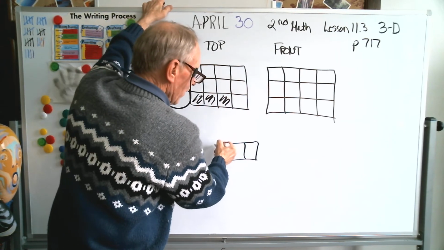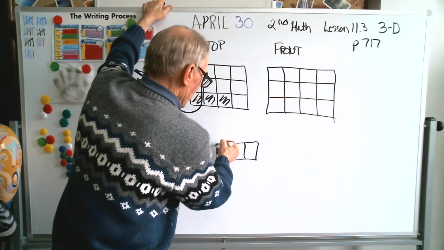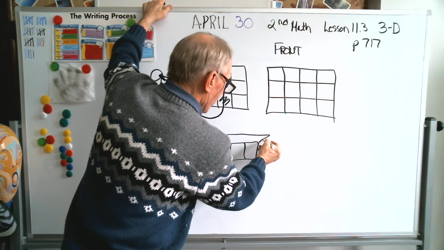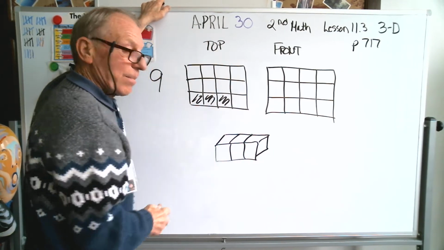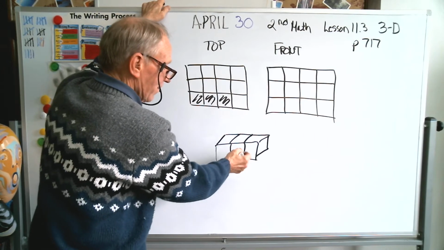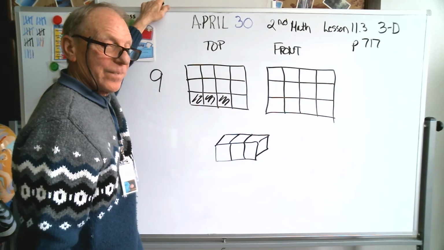So far, we know we have 3 blocks, right? You see them? 1, 2, 3. That's what we've done there.